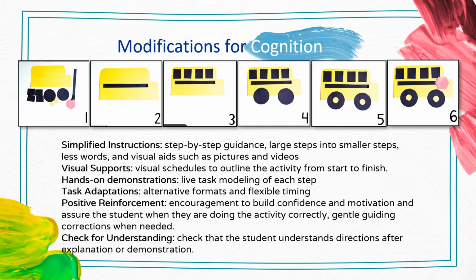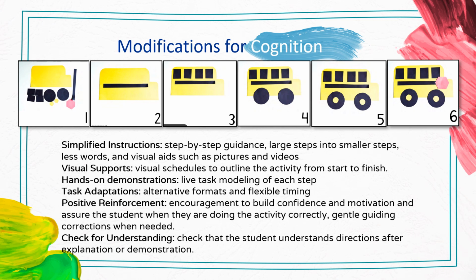Modifications for cognition. This is going to be things like simplified instructions, very step-by-step guidance, visual supports, hands-on demonstrations. Maybe they don't understand you explaining it, but they can see you doing it and they can imitate that.